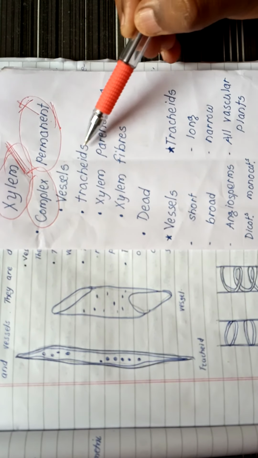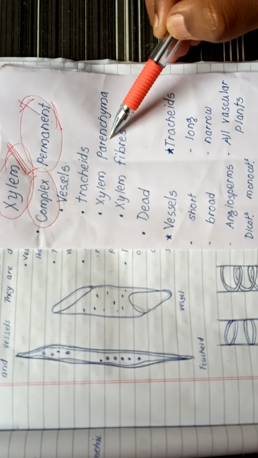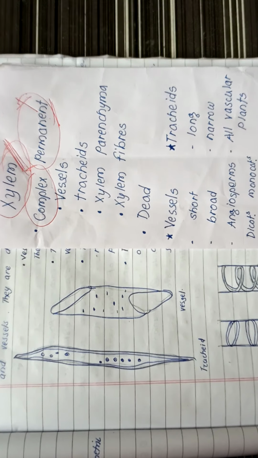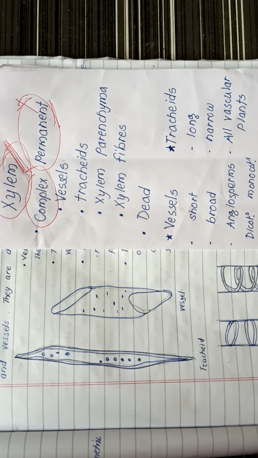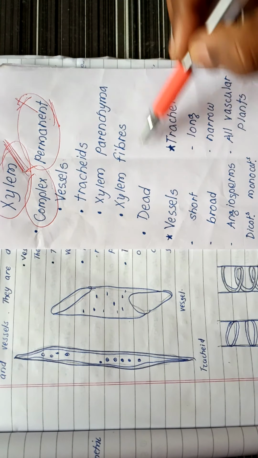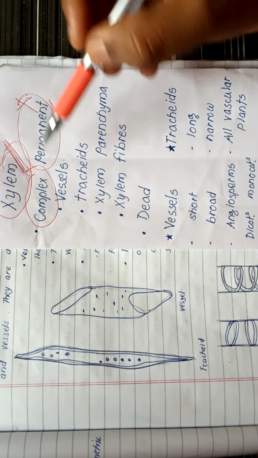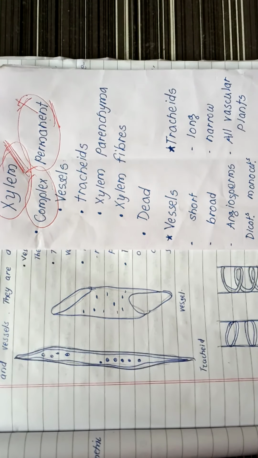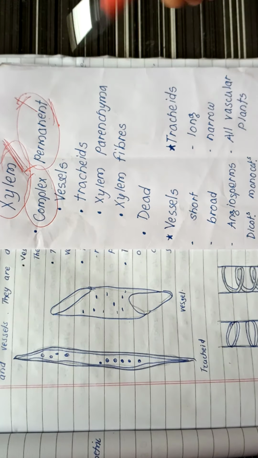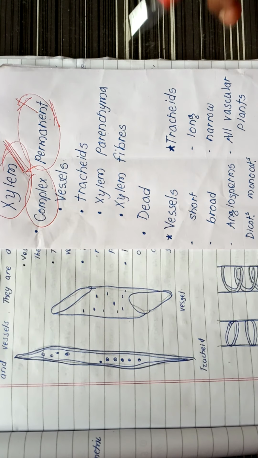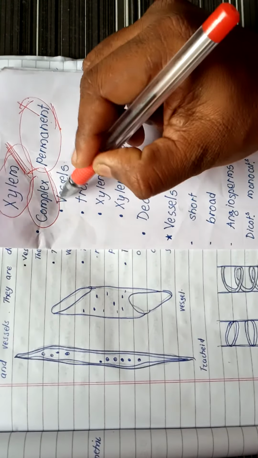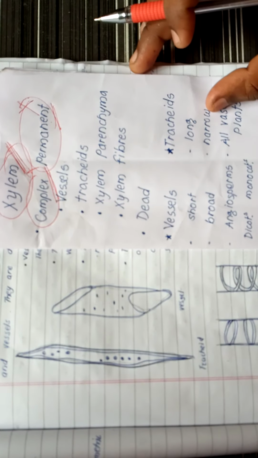The vessels, tracheids, xylem parenchyma, xylem fiber. These are the cell elements present in the xylem. All these four elements forming together a complex structure is known as xylem. So xylem has different cell elements, and therefore it is known as a very complex tissue.